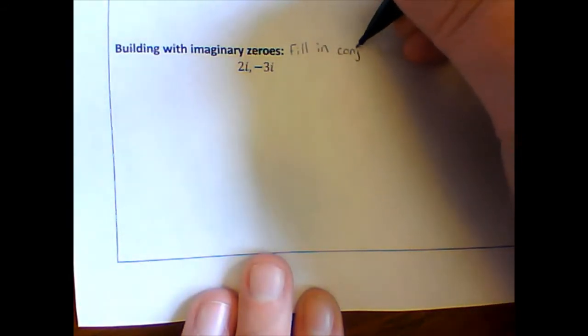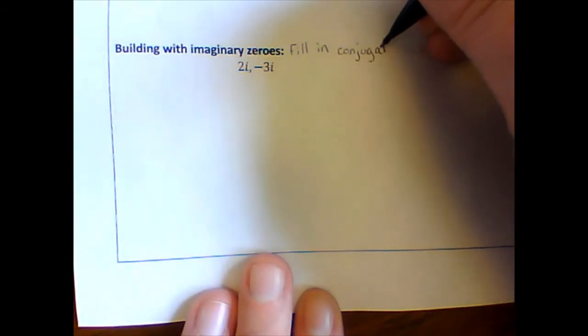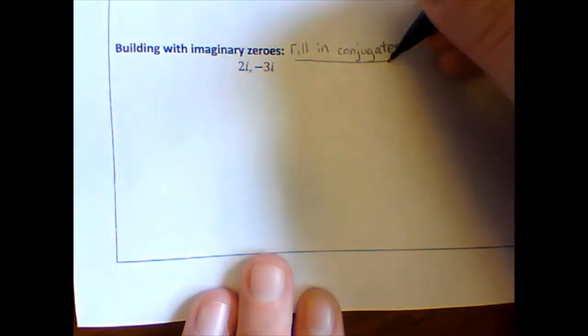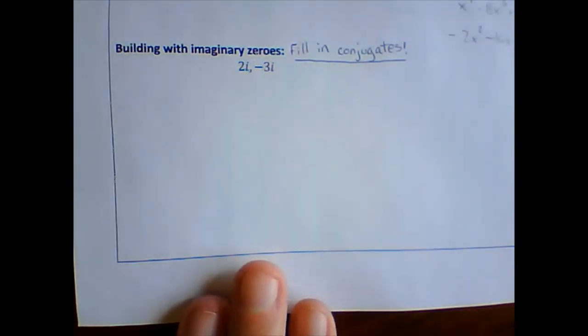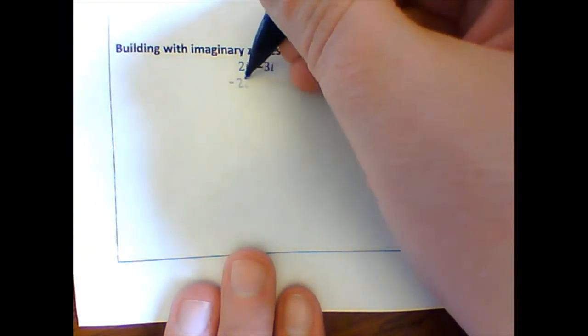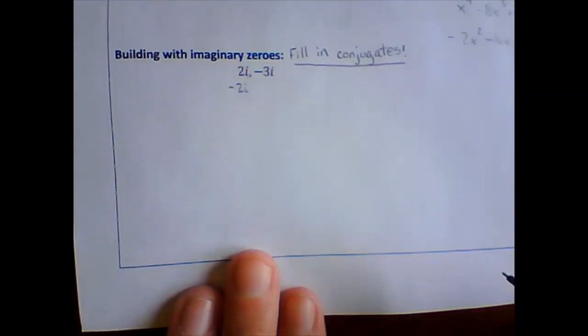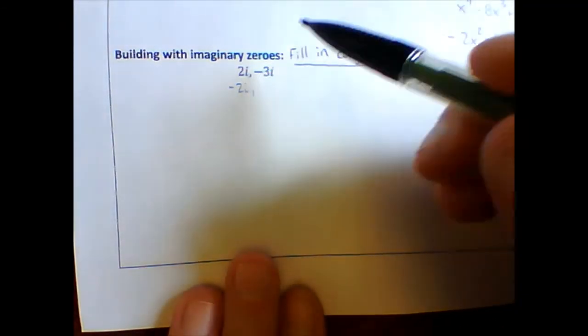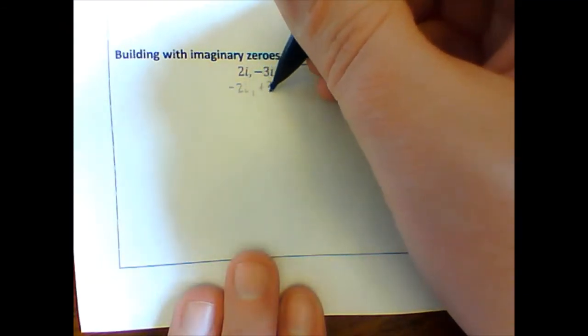We're going to fill in our conjugates because they're really complex conjugates with a real number of 0. So there's a 2i, but there's also a -2i. There's a -3i, but there is also a +3i.